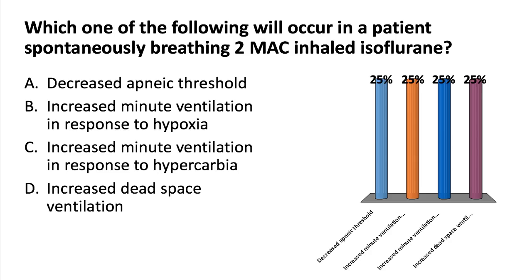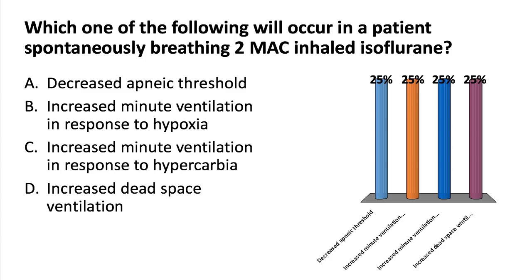Which one of the following will occur in a patient spontaneously breathing 2 MAC inhaled isoflurane? Decreased apneic threshold? No, the apneic threshold is higher. Takes more CO2 to drive our breathing. Increased minute ventilation in response to hypoxia? No, that's blunted or totally blocked, as the 2 MAC of inhaled isoflurane blocks the hypoxic response.